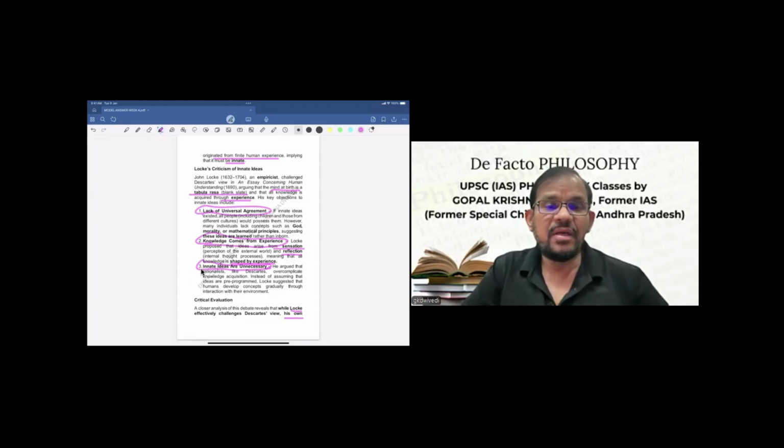For example, God, morality, or even mathematical principles are not inborn, because there are certain individuals who lack these concepts, and particularly in different cultures, even beliefs regarding God and morality may be different. So the thing is not universal, therefore the idea is not innate. Then knowledge comes from experience.